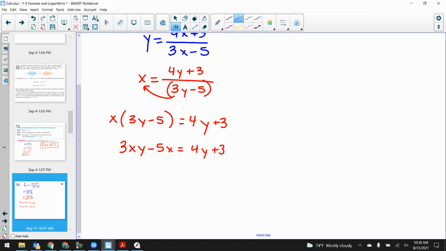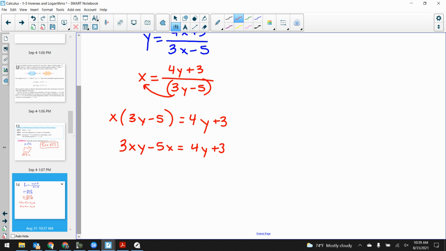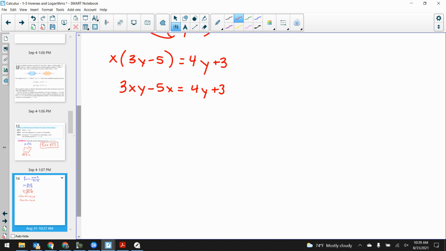Now, I need to get y alone. That means I need to collect all the y values to one side. Let's move all the y values to the left side. I'm going to subtract the 4y over to the left side. So this is going to be 3xy minus 5x minus 4y is equal to 3.